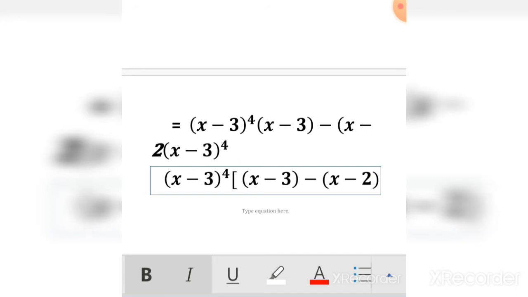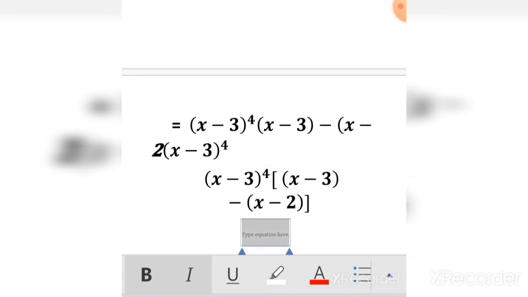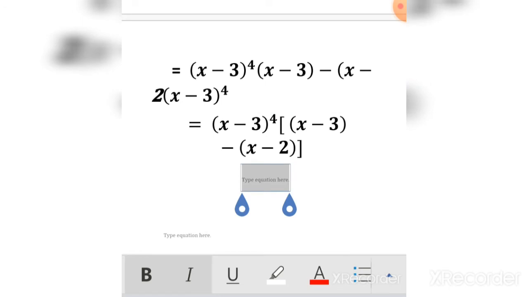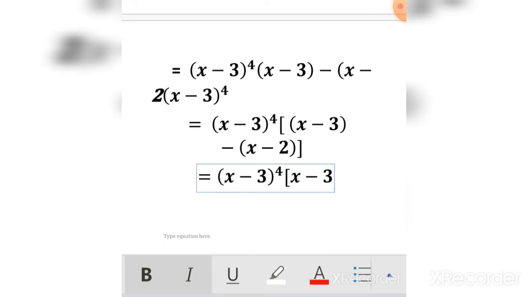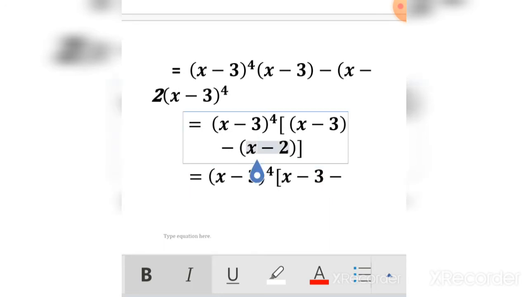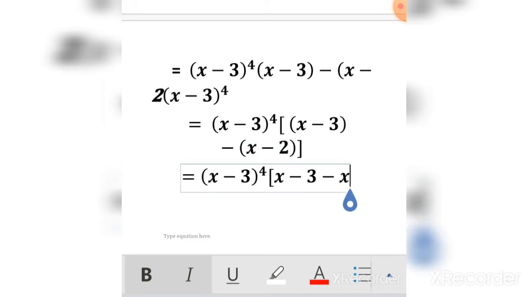Okay. Next, that is equal to x minus 3 to the fourth power times x minus 3, minus this one, so minus x, then minus 2 is plus 2.